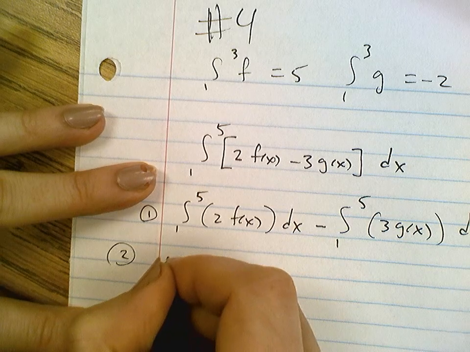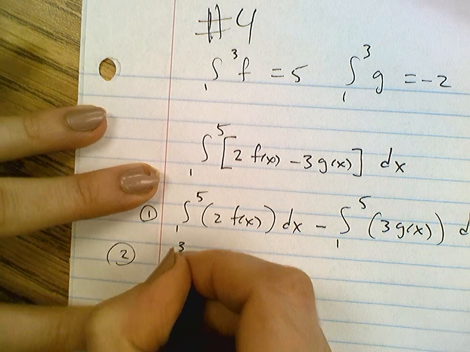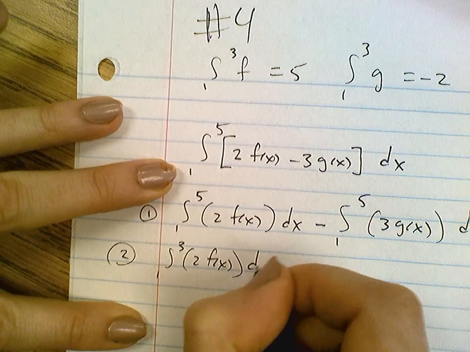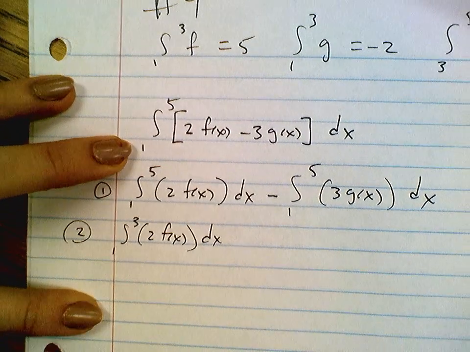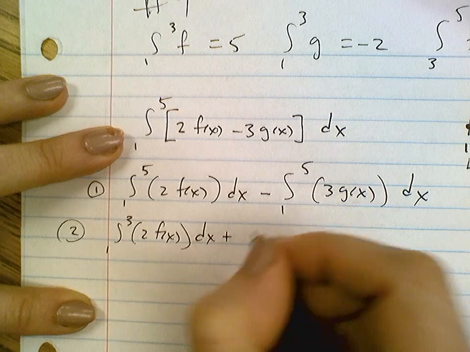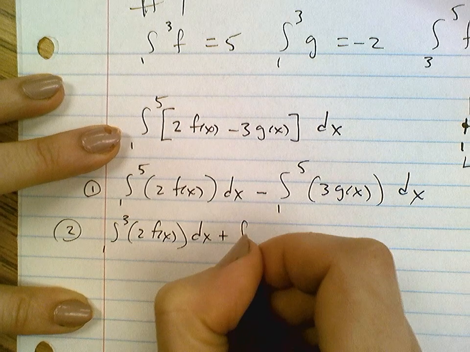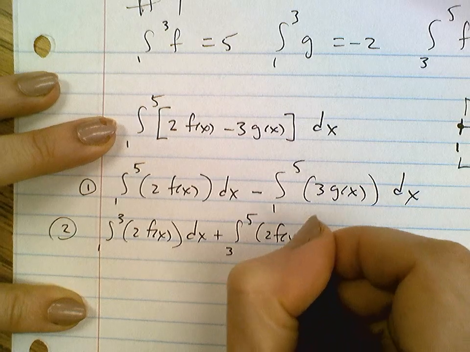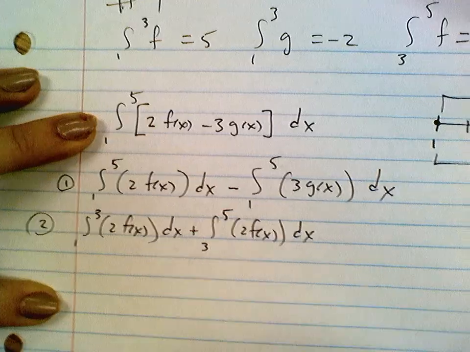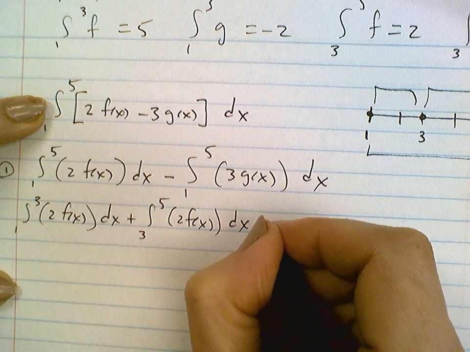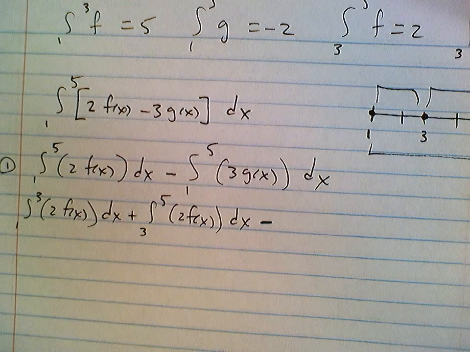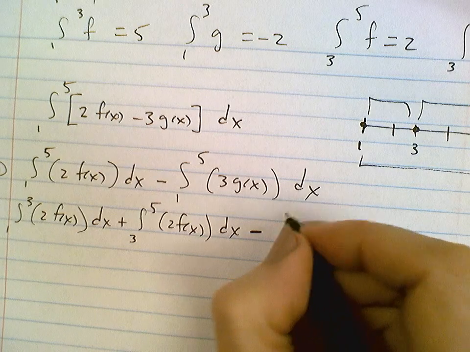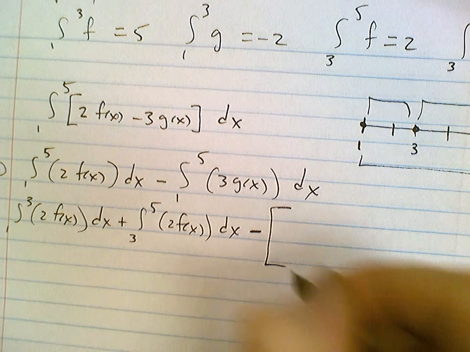So this is the integral from 1 to 3, and you could do it in a different order, of 2f(x) plus the integral from 3 to 5 of 2f(x) dx minus, oh, this is going to get kind of tricky because of that minus.